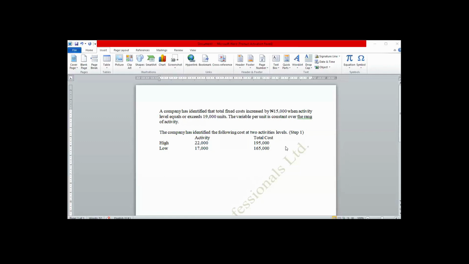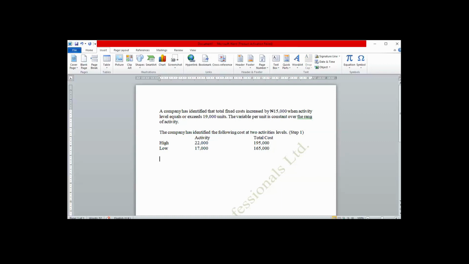Gideon, you are raising your hand. What's your question? Yes, I want, in my own little way, to answer the question. From what I saw in other materials, there are two ways. The high and low are not of the same activity.